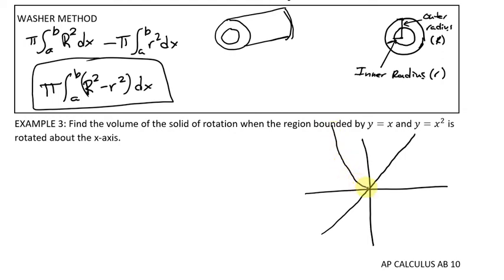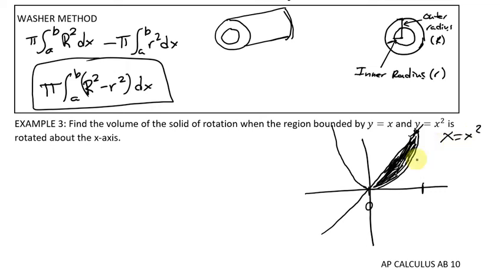And so you see that this is the region that we want to rotate right here. And we know it starts at 0 and it ends where they intersect a second time, so where x equals x squared. There are two spots where that happens. Obviously 0 equals 0 squared, but also 1 equals 1 squared. So it's from 0 to 1.